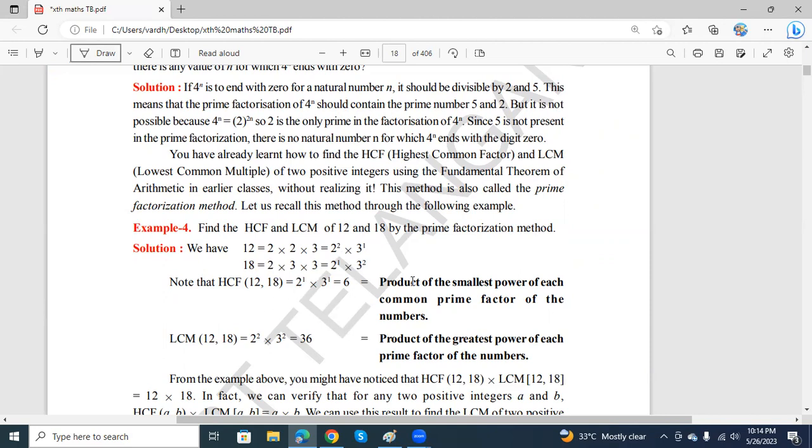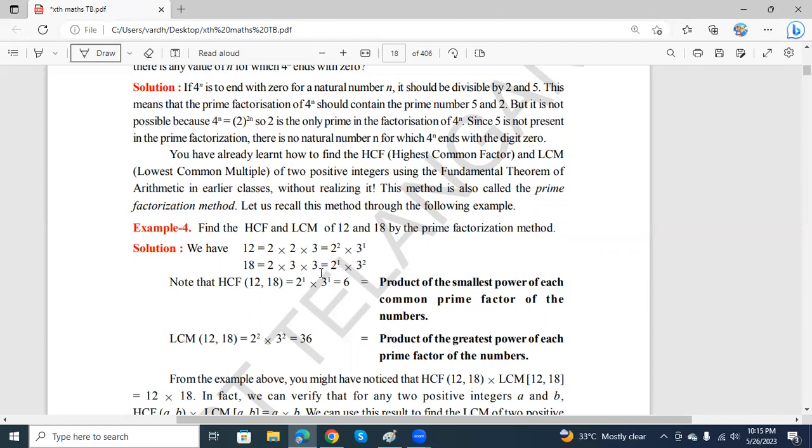Now HCF means the smallest power of each common prime factor of the numbers. What is the common factor? CF means common factor, right? What is the common factor here? 2 and 3 both are common factors. Okay, smallest power. When comparing these two numbers, which is the smallest power, 2 power 1 or 2 squared? 1, obviously.